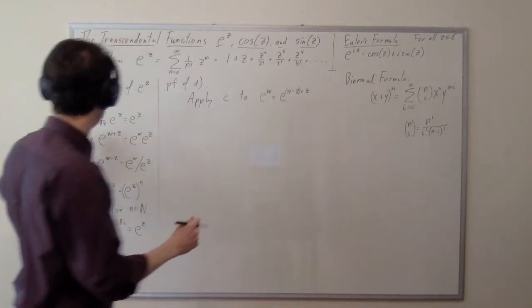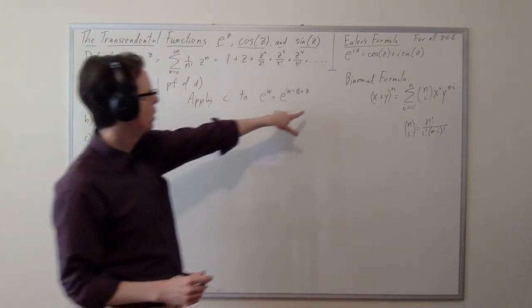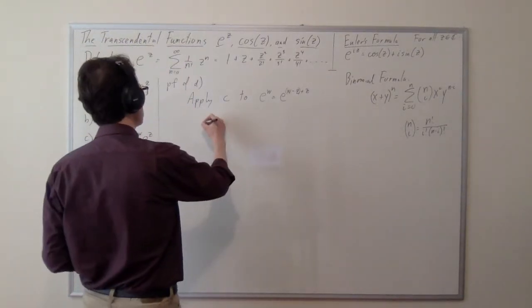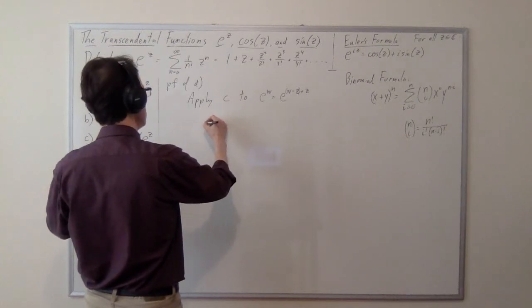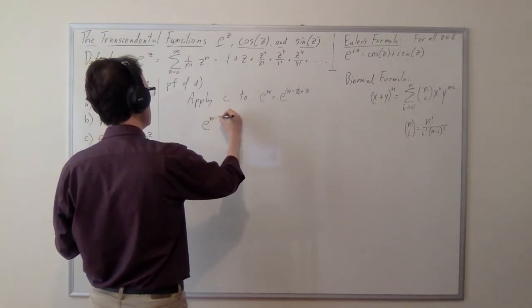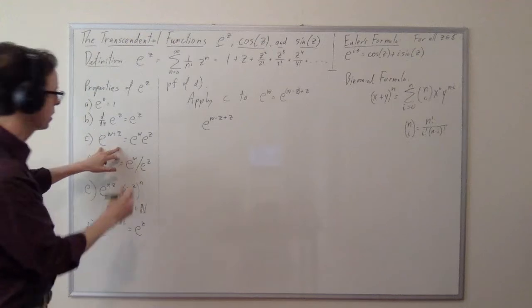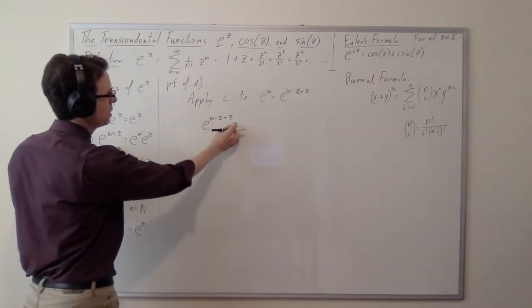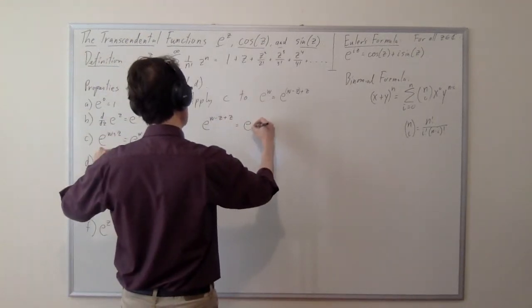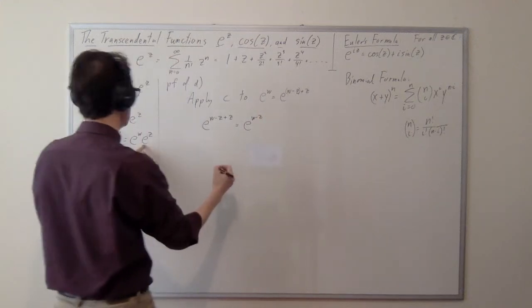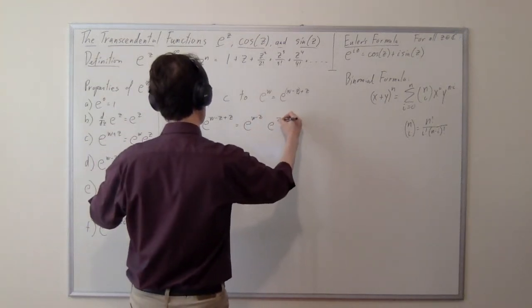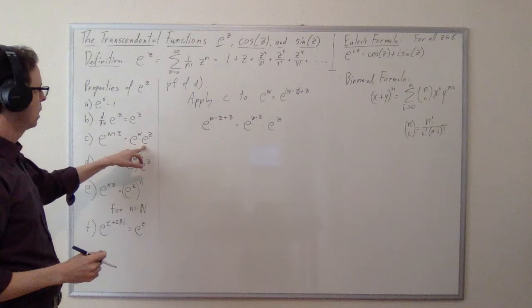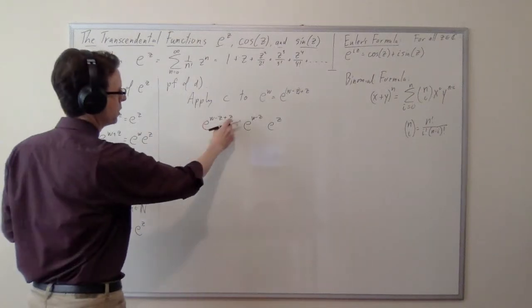So what does part C tell us about this summation? It tells us that e to the w minus z plus z, that is a sum of two things, namely w minus z and z, is equal to e to the w minus z times e to the z. So the first and the second.